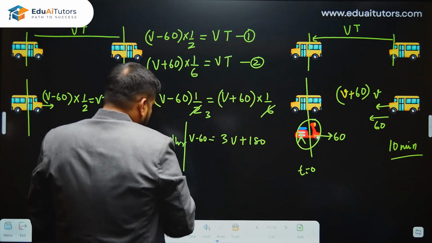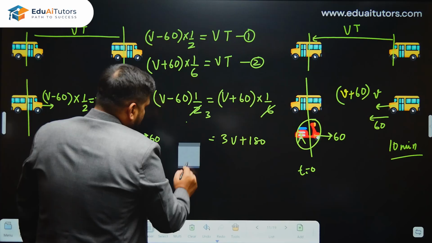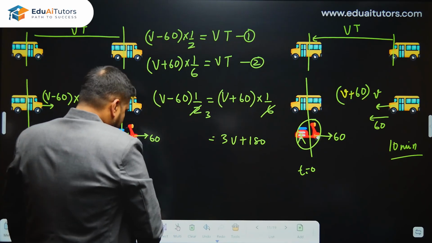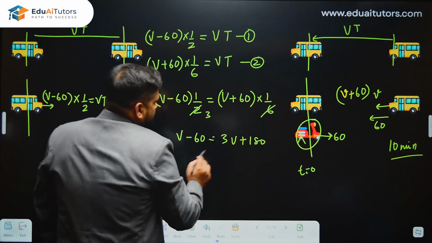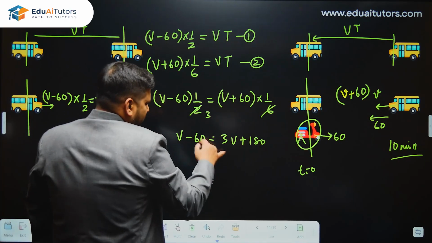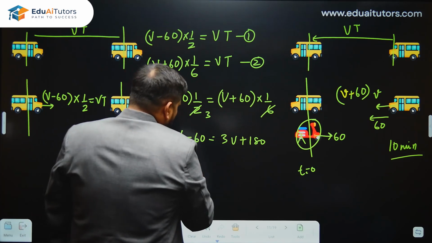Let me just clear things up a bit. So I can write 3V plus 180 is equal to, on this side, V minus 60. Let's take V on that side and bring 180 on this side. So what do you get? 240.